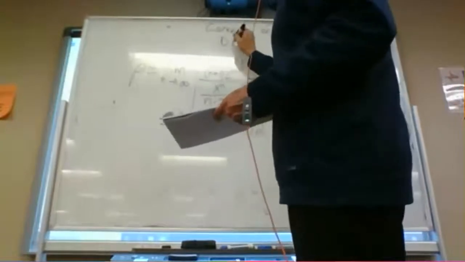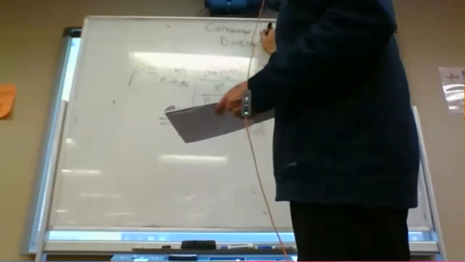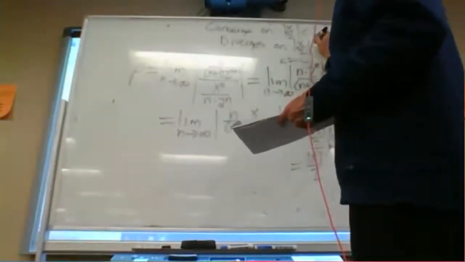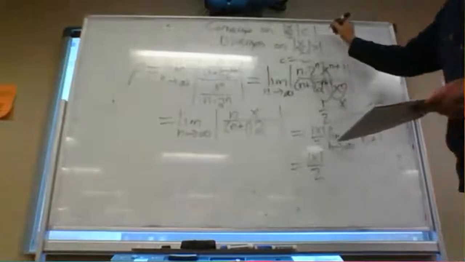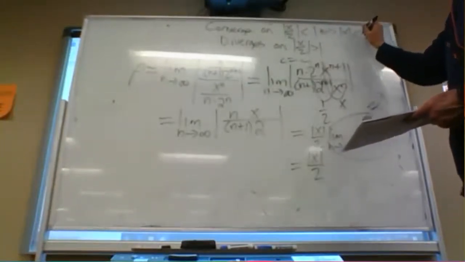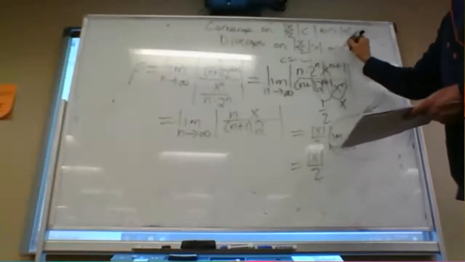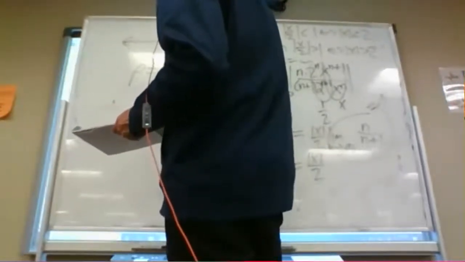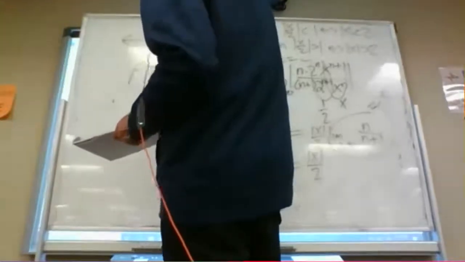So it converges on the interval where the absolute value of x over 2 is less than 1, and diverges when rho is greater than 1, the interval where x over 2 is greater than 1. But wait a minute, that's equivalently the absolute value of x less than 2, and this is equivalently the absolute value of x greater than 2.